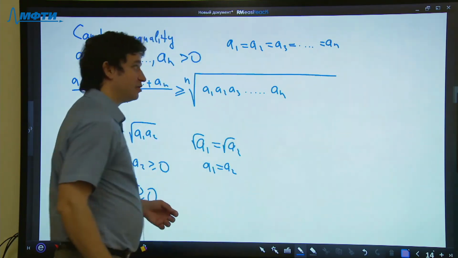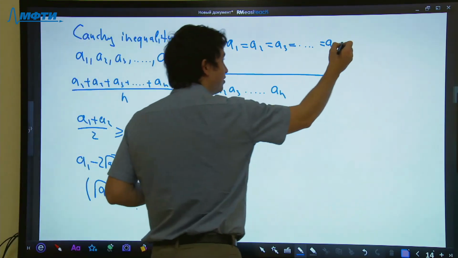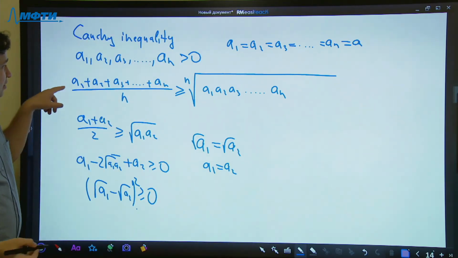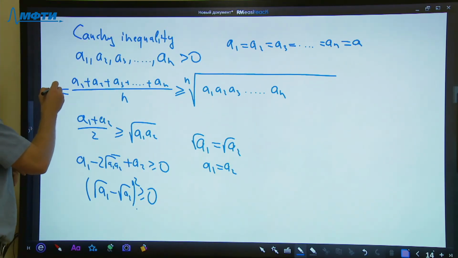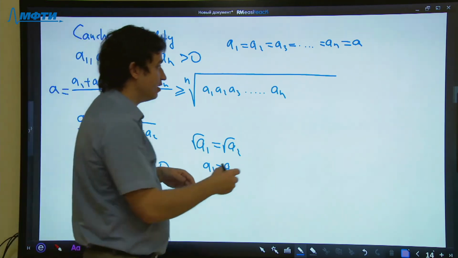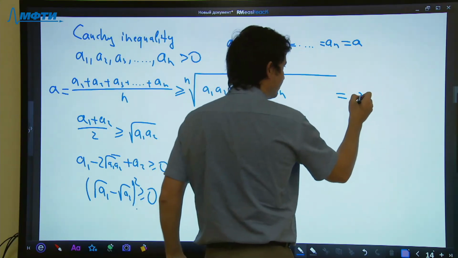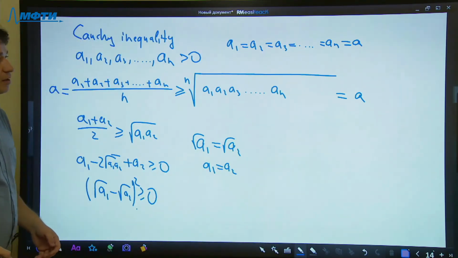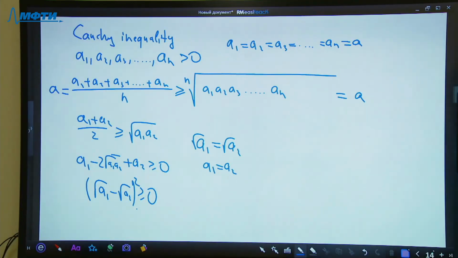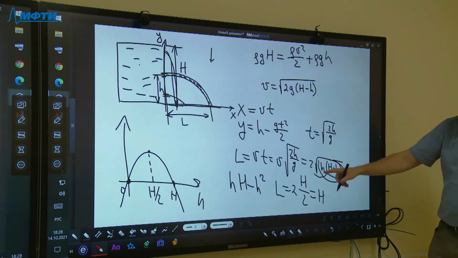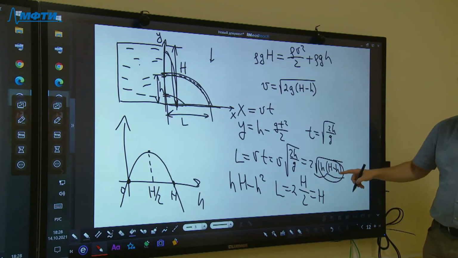And you can check it yourself. So if every number is equal to the same number a, then the arithmetic average would become equal to a, and the geometric average again would become equal to a. Indeed. Well, in here I can write, so this is the geometric average of h and capital H minus h.